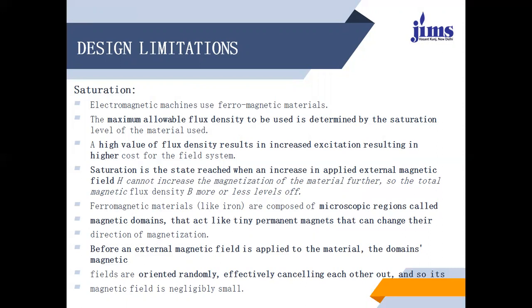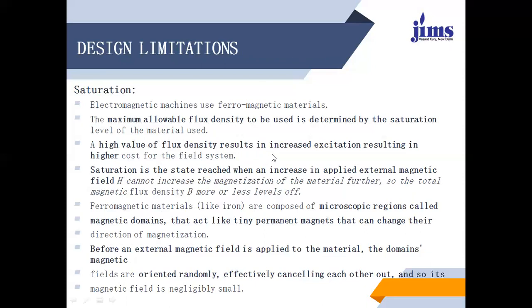So the limitation is defined up to a maximum for that material, which is the saturation level. Whenever we increase the amount of current, it automatically gets close to saturation. Once it is close to saturation, there is no further increase in the MMF or the flux produced by the material. So this is the first limitation.